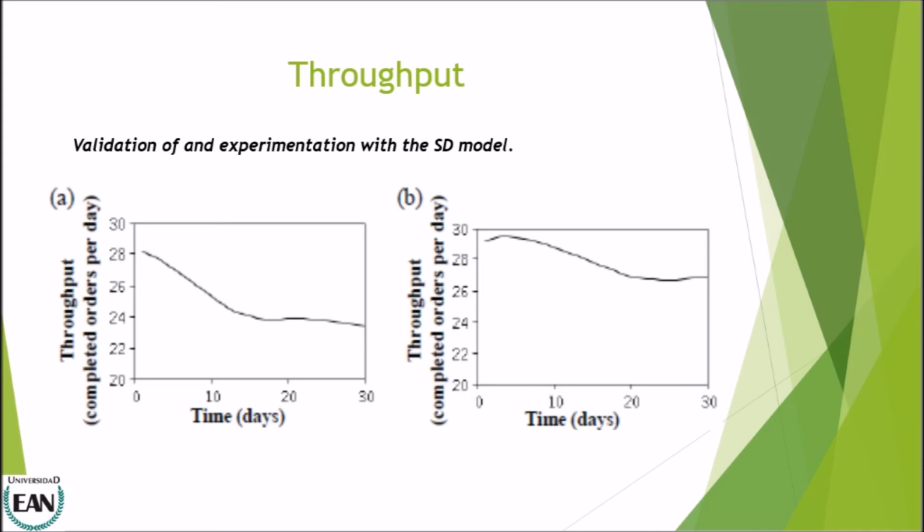The rate of drop in throughput is not as significant when compared with the current as-is. On the 30th day, the throughput is about 26.5 completed orders per day when compared to less than 24 completed orders for the current 5S. This is an improvement of 10% over the present situation.